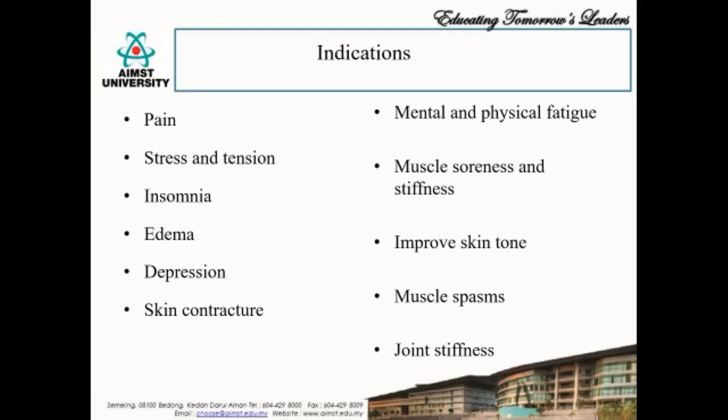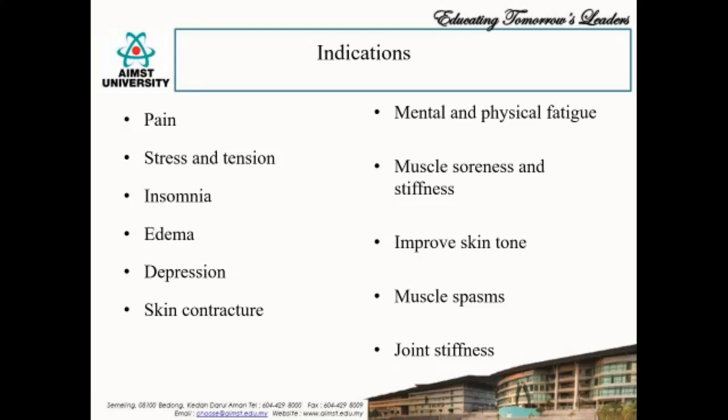So if a person has any skin contracture, that is nothing but a protective spasm, or a spasm that doesn't want to allow any movement. Okay, so that is called skin contracture. So if any person has this kind of skin contracture, maybe because of a scar tissue.